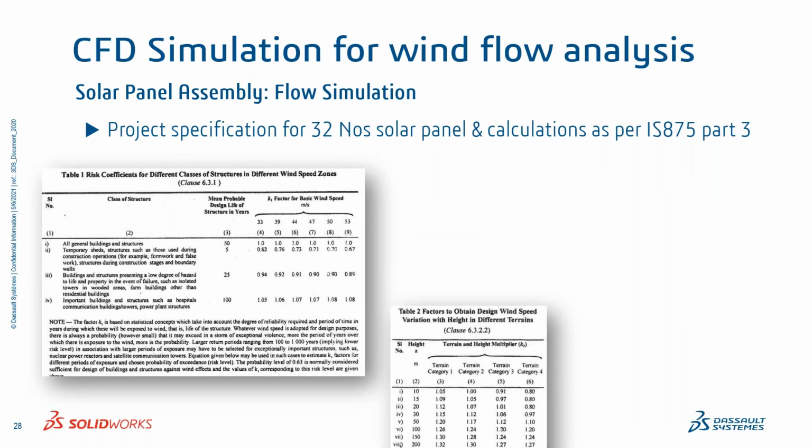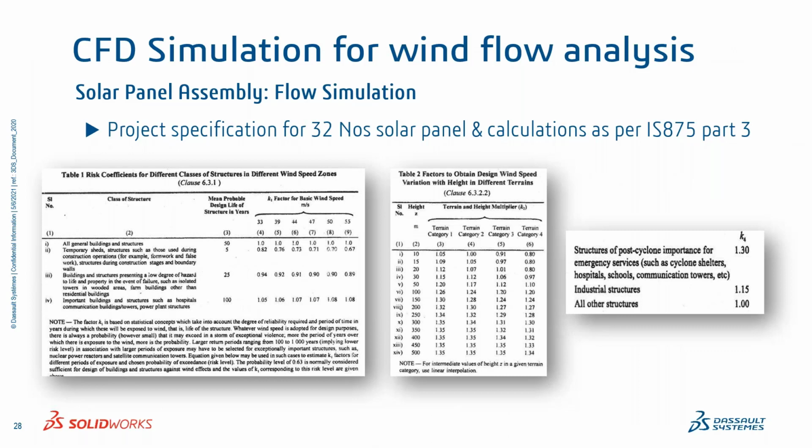Okay. And for this particular solar structure, as already Madhu has shown in his slides about the design, we have considered 32 solar panels, and we will be calculating the strength of our design by making use of IS 875 part 3, where this standard code considers various effects like the factor of basic wind speed and the coefficient of risk factor.